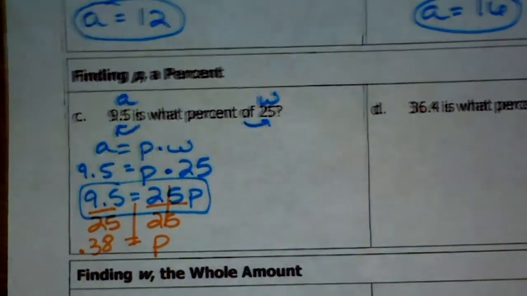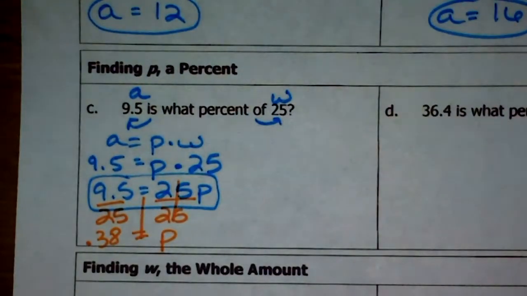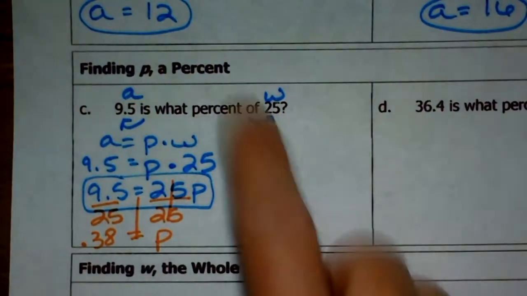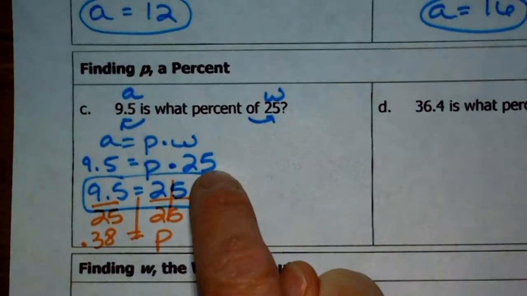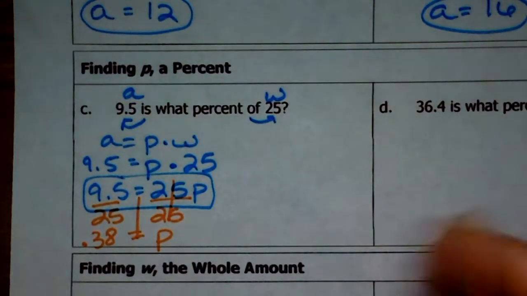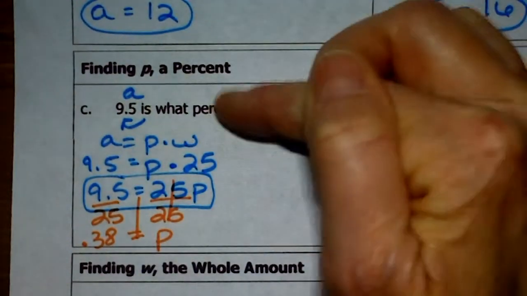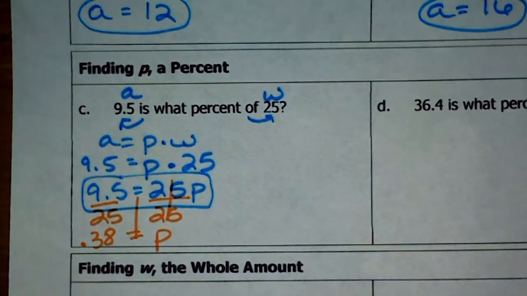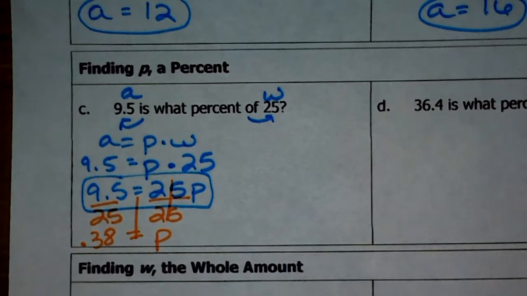Now here's the deal. We might think that we're done with this. Technically, we're not. Do you remember in the previous examples how when we wanted to plug the percent into the equation, we divided it by 100 to use it? Well, this P right here has been divided by 100. In order to make it a percent, I need to do the opposite of that. So just one more time to re-explain. If I'm plugging a percent into an equation, I need to divide it by 100 to make it a decimal to work with.